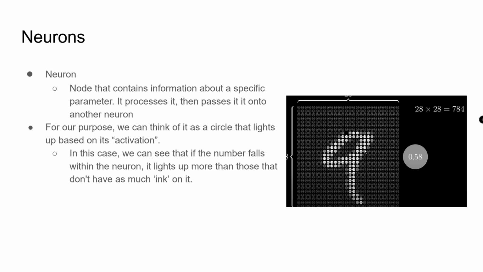A 1.0 means that it is fully activated, and a 0.0 indicates that it is not activated at all. And obviously you can see that where the 9 is, there's a value between 0 and 1, and where it isn't is a 0 because there's nothing on there.